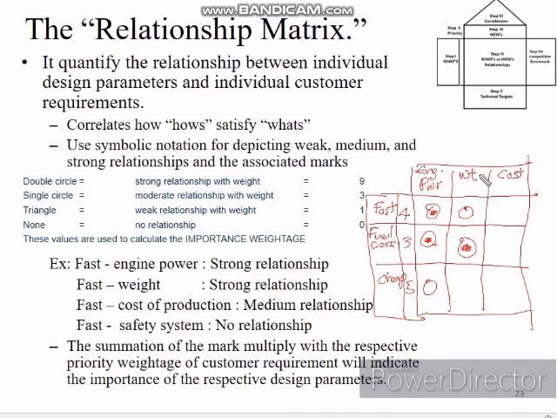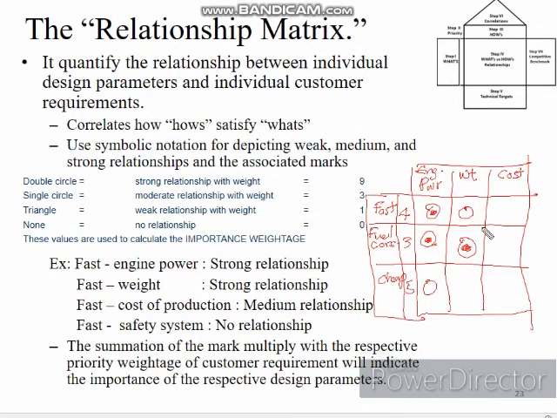But when you fill out the design parameters, and also the relationship between the design parameters and the customer requirements, there will be a lot of discussion and maybe disagreements. So the integrator, the coordinator for this activity, needs to play a very important role to make sure that there are good discussions and a good decision-making process happening here.